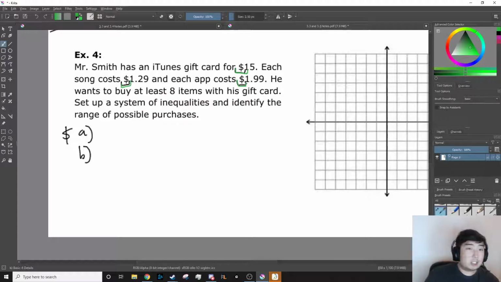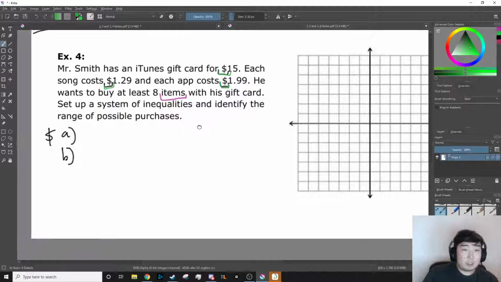And what is the other object that they're talking about that has quantitative value? Are they talking about feet? No, they're talking about items. I'll draw that purple. So two different things. Your items cannot mesh or be together in the same equation as your dollar signs.